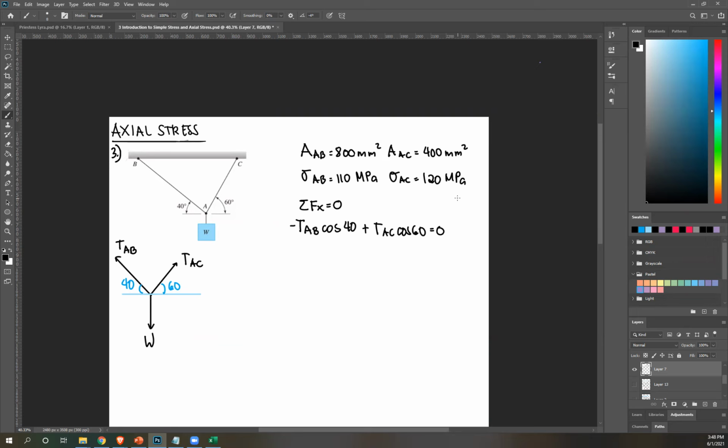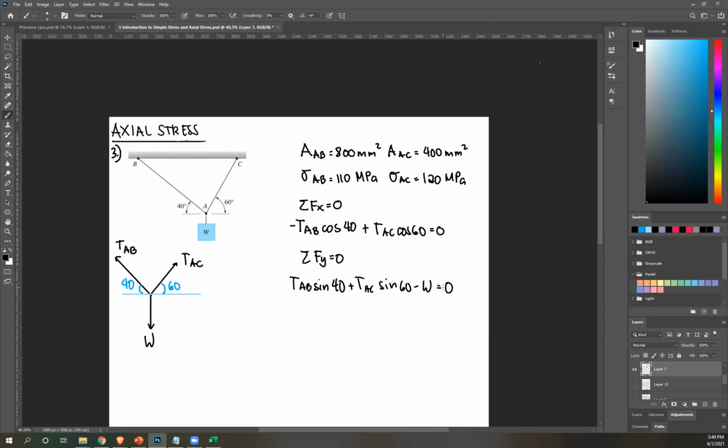We'll move on to the next equation, which is summation of forces y equals 0. So summation of Fy equals 0. Let's start with AB again, upward, therefore positive. PAB sine 40. Next, TAC upward, so positive TAC sine 60. We have weight here downward, so minus weight equals 0.